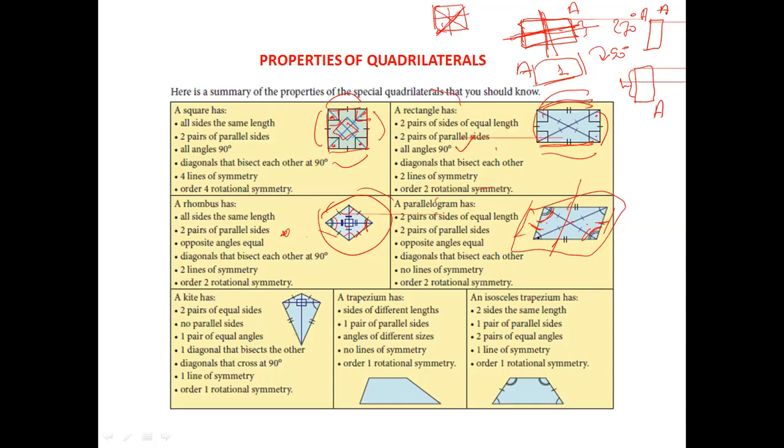And also, if you divide it with diagonal lines and fold it, as you see, the pairs do not close exactly. That's why there are no lines of symmetry. But it has order 2 rotational symmetry: at 180 degrees, and the second one is itself, of course, at 360 degrees.